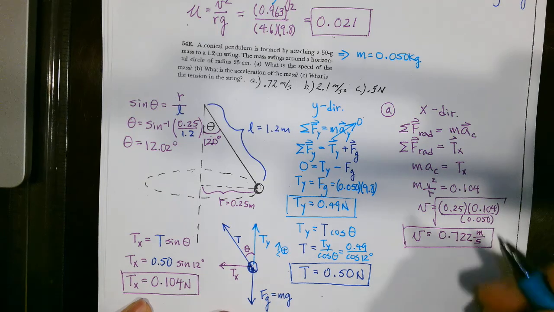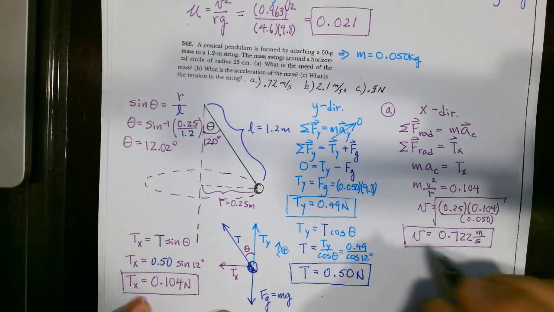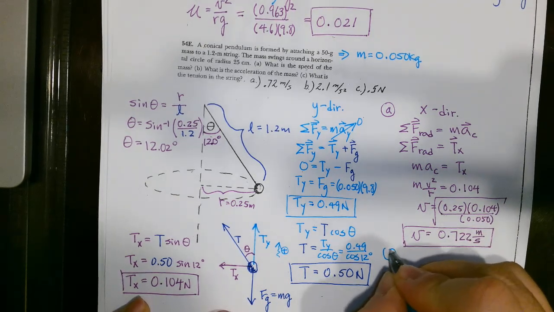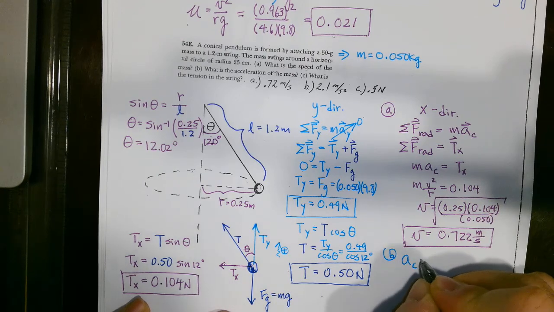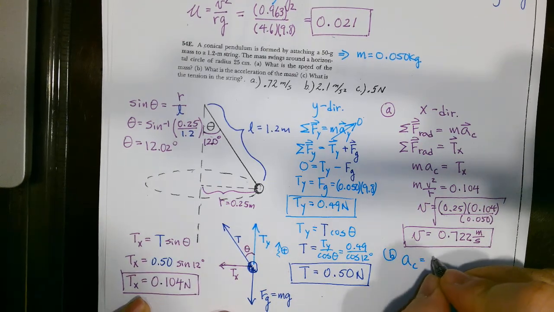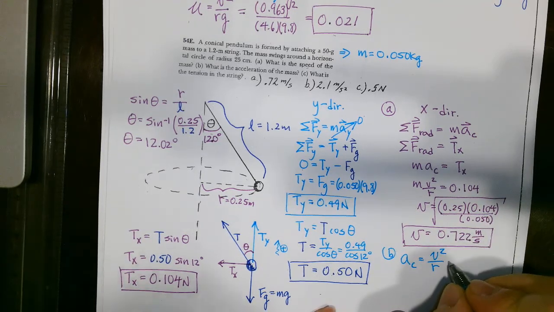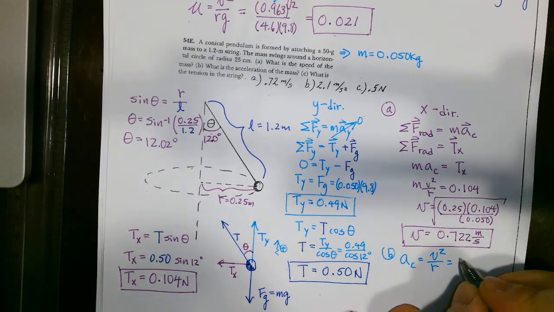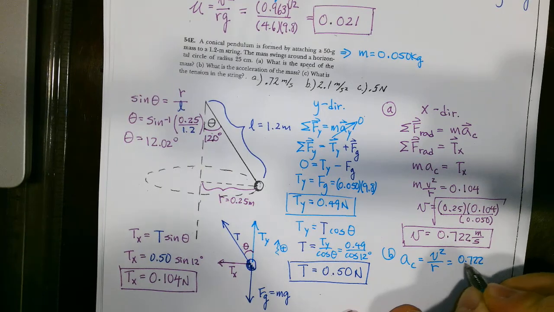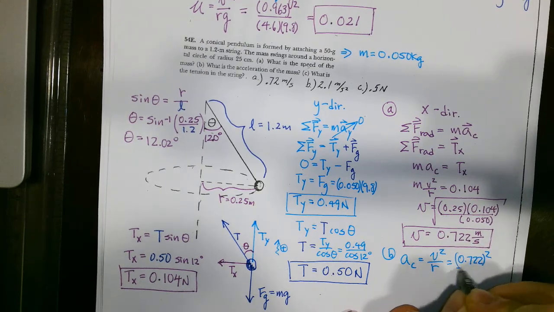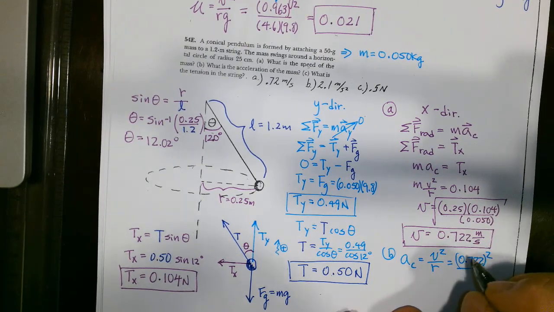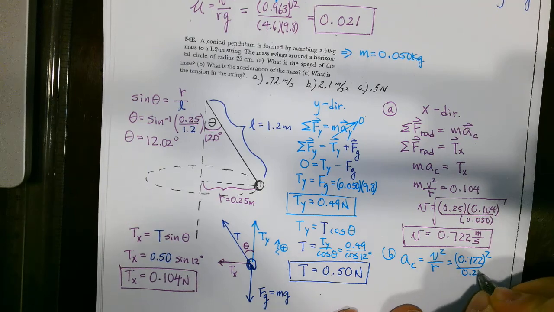What about B? B, what is the acceleration of the mass? Well, that's easy, right? Acceleration is AC, and AC is equal to v squared over r. And v squared is 0.722 squared divided by r, which is 0.25.